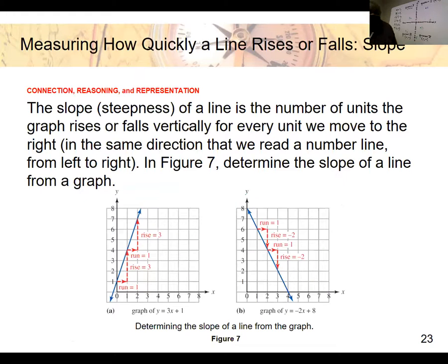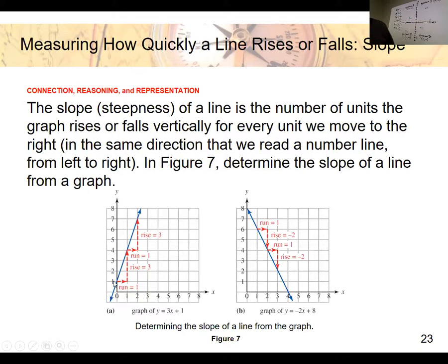The slope, sometimes called the steepness of a line, is the number of units the graph rises or falls vertically for every unit we move to the right, in the same direction that we read from the number line, from left to right. In these 2 figures, we can determine the slope of a line from the graph.